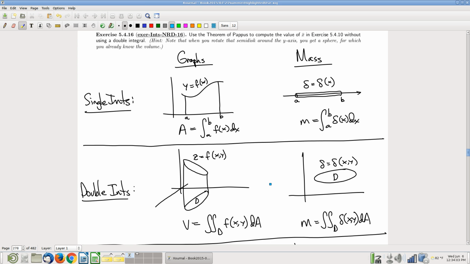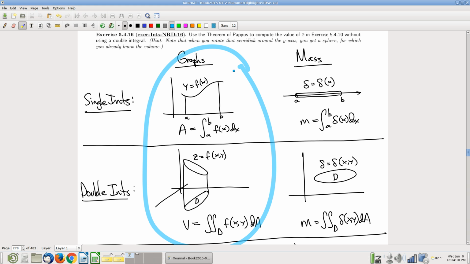Well, we have different ways that we could try to motivate a triple integral. We could take the point of view of this category of applications and ask, what's the next step in this analogy? Here I have a two-dimensional area over a one-dimensional domain. Here I have a three-dimensional volume over a two-dimensional domain. What's the next step?